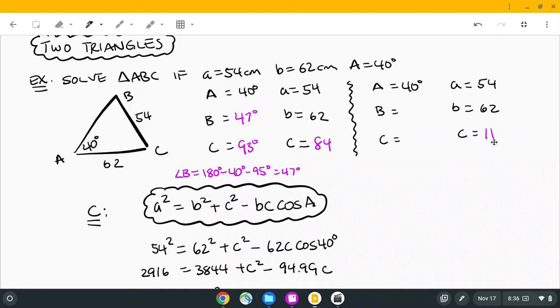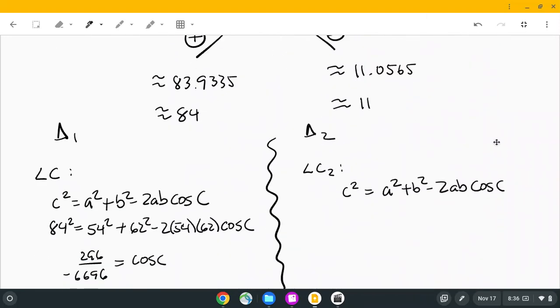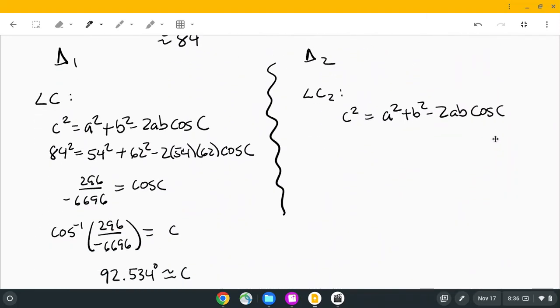Lowercase c is 11, so 11 squared equals 54 squared plus 62 squared minus 2 times 54 times 62 cosine C.